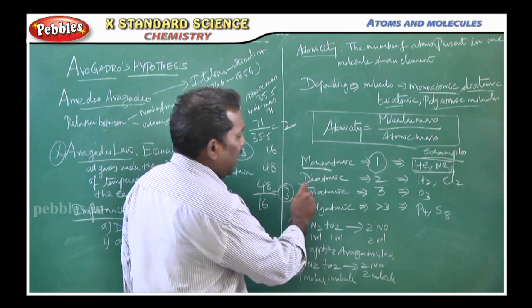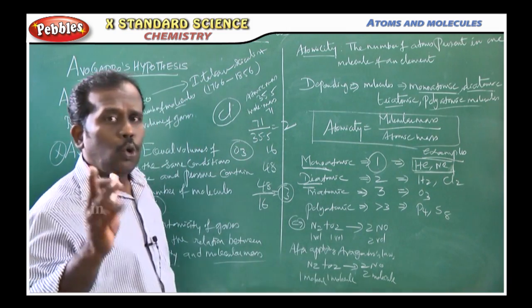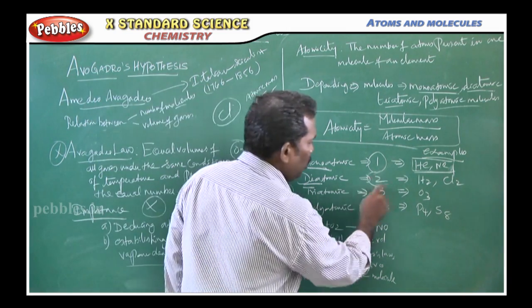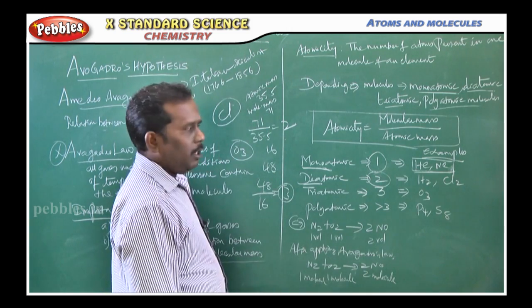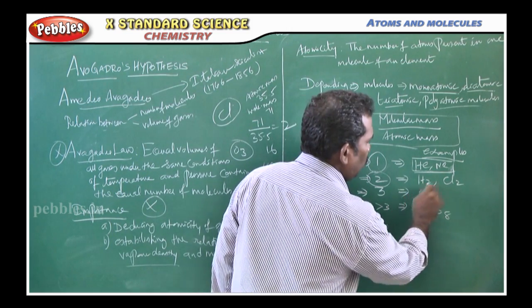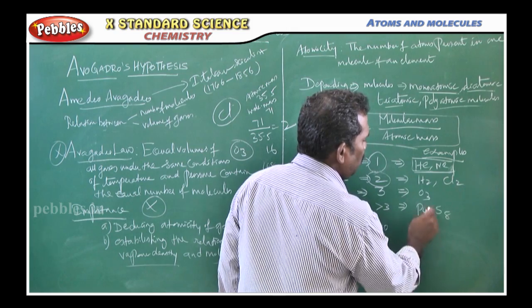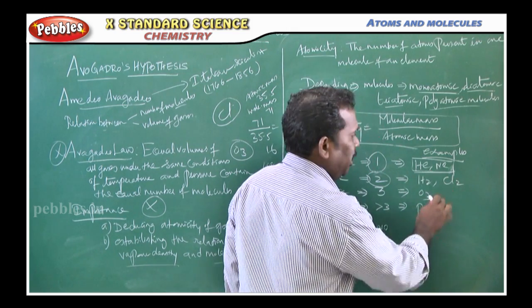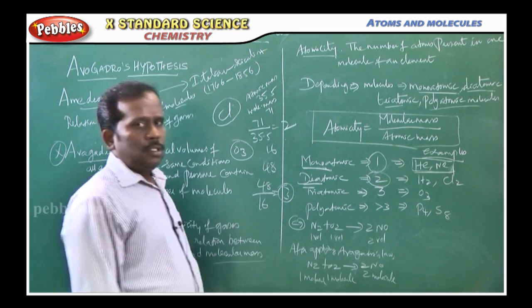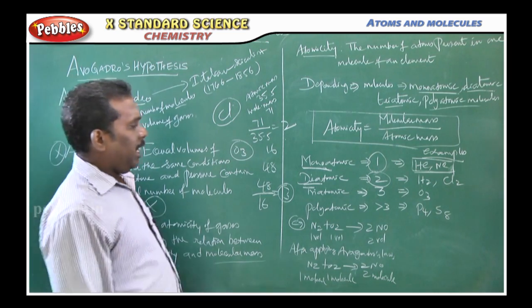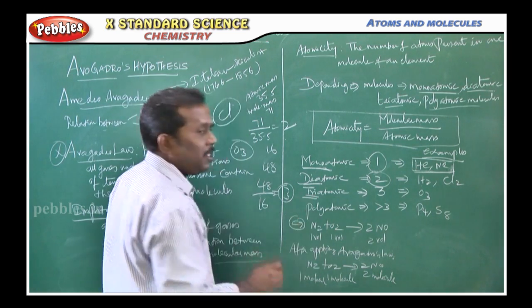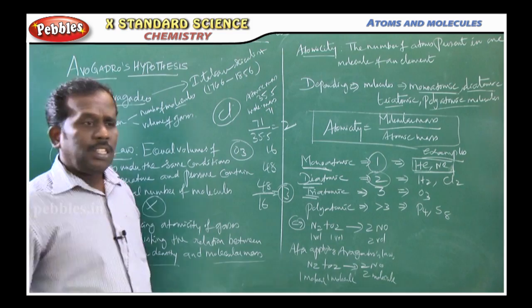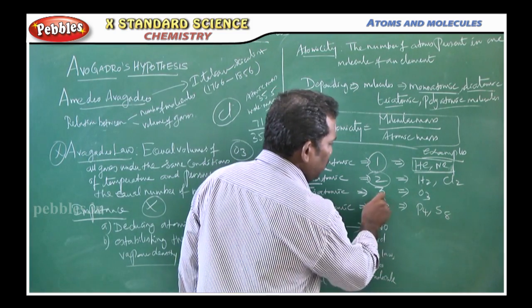Then diatomic, di means two, so it has two atoms per molecule. Hydrogen H2 and chlorine Cl2 have two atoms each. Next, triatomic means three atoms per molecule.